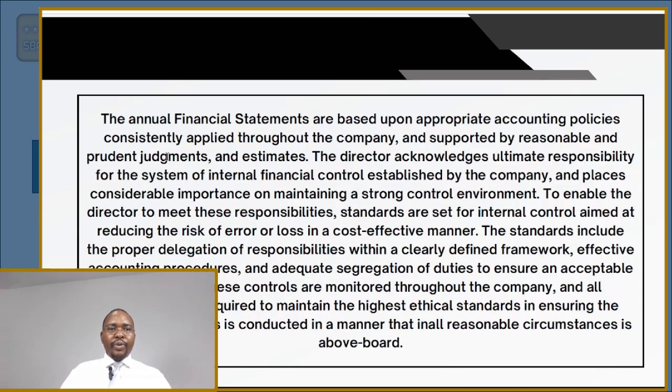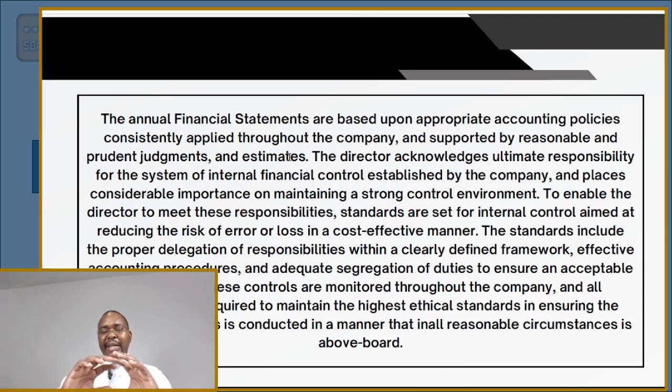The ultimate goal is to produce annual financial statements, but these must be produced upon appropriate accounting policies. We're going to show you what an accounting policy is when we're dealing with volume 8, and we're going to show you what accounting estimates are when we're dealing with volume 8.